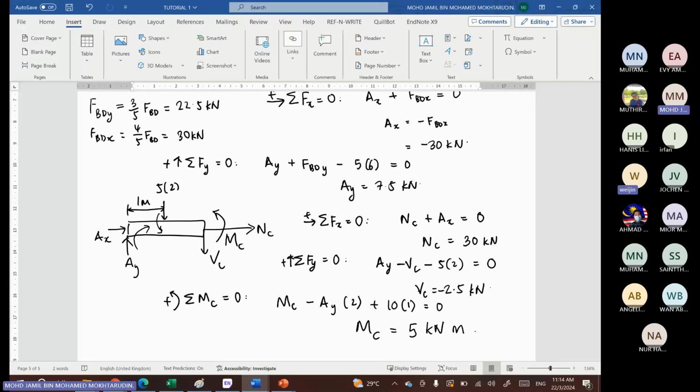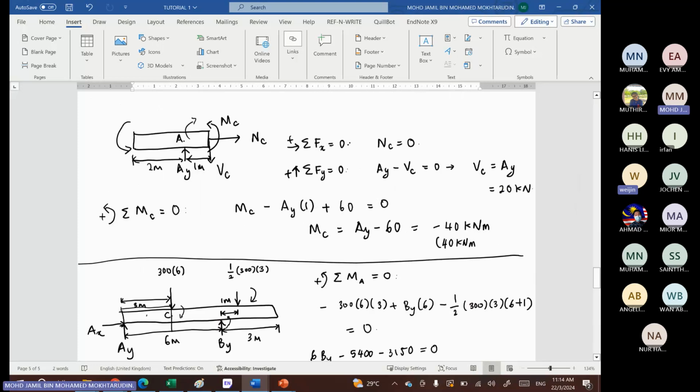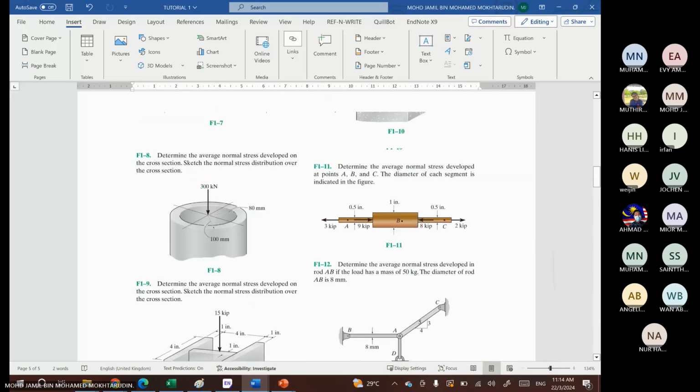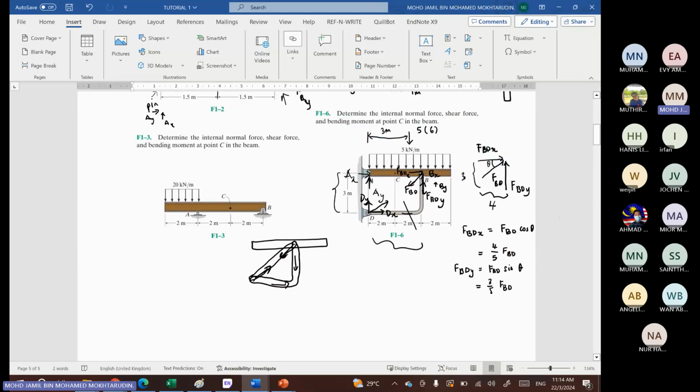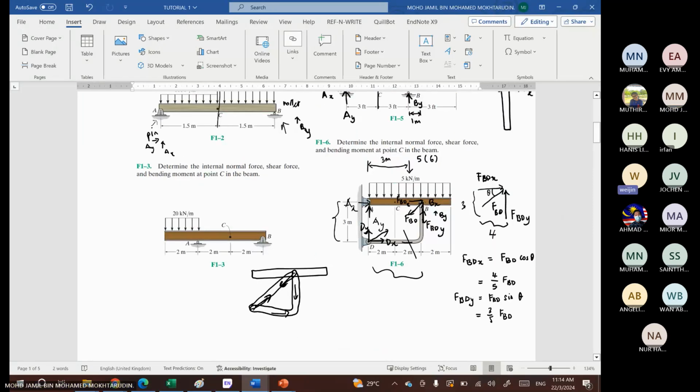Sir, nak tanya lah, untuk support yang shape L dan shape bending rod tu, kita hanya ambil satu point saja X dan Y kan? Yang tadi betul. Sebab kalau let's say lah dia ada macam support bentuk L ataupun slanted rod, dua-dua shape tu dia akan ada macam slanted FBD punya force, FBDX, FBDY lah.